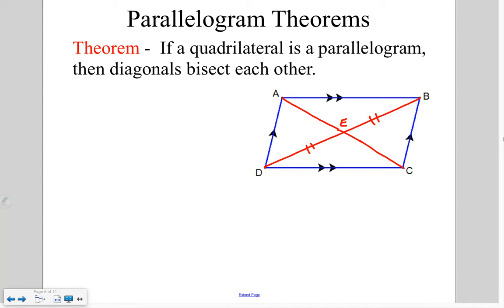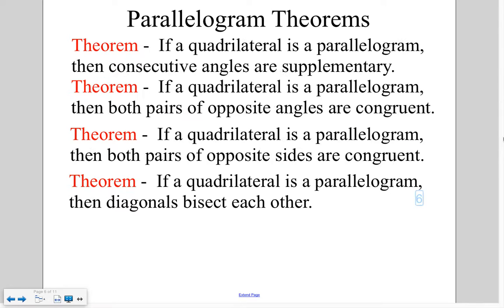The same thing goes, BD is also bisecting diagonal AC, making EA and EC the same length. Now, all four segments aren't equal to each other, but the diagonals do bisect each other. So we will get two segments congruent on one diagonal and two segments congruent on the other.